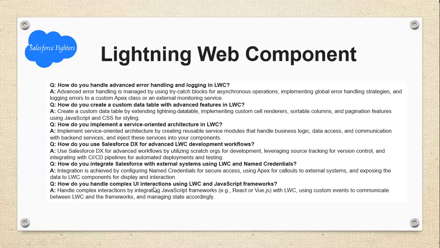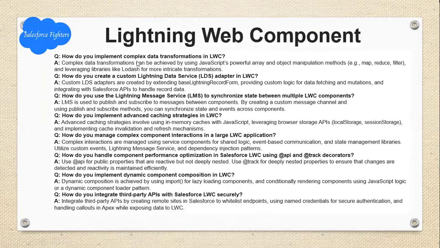How do you handle complex UI interactions using JavaScript frameworks with LWC? You handle complex interactions by integrating JavaScript frameworks like React or Vue with LWC using custom events, communicating between LWC and the frameworks, and managing the state accordingly.